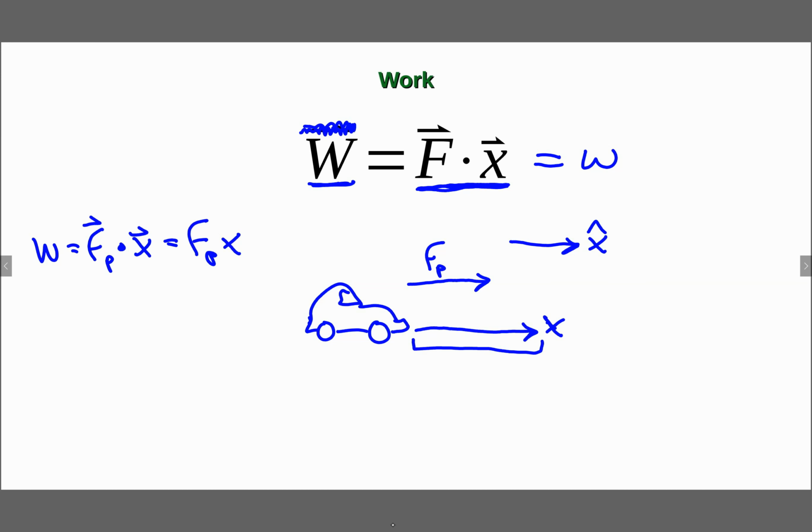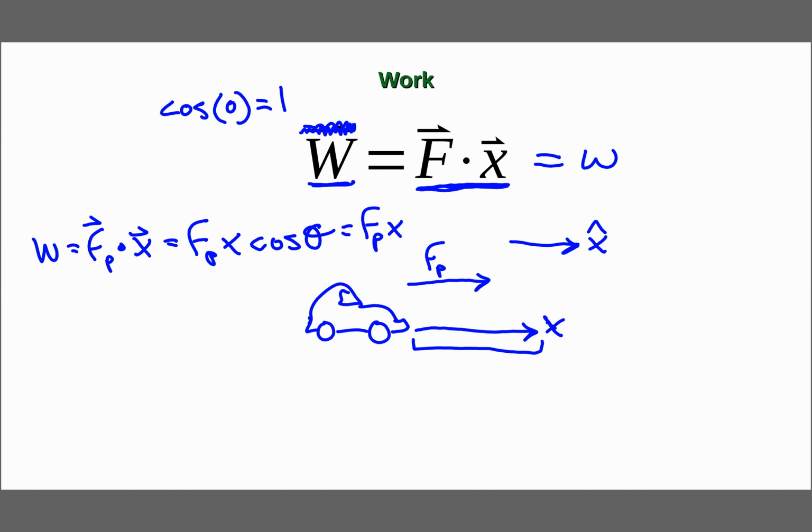This is because it would actually equal FPX cos theta, like we were learning about with our dot products. But this theta between them is 0, and cos 0 equals 1. So we end up with just FP times X.